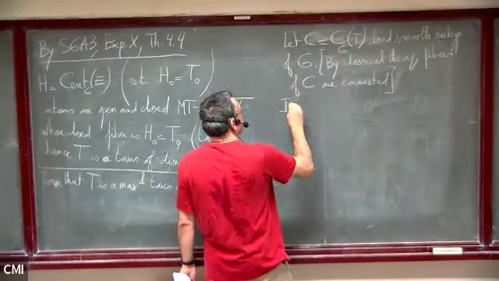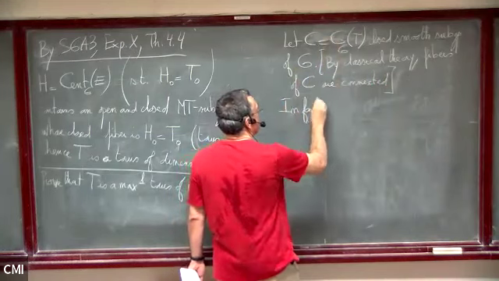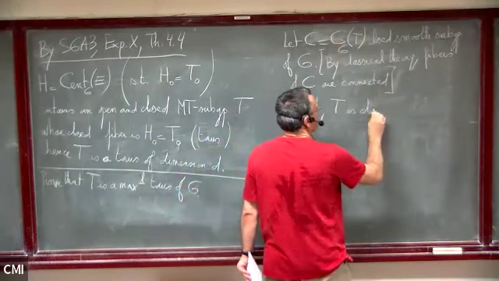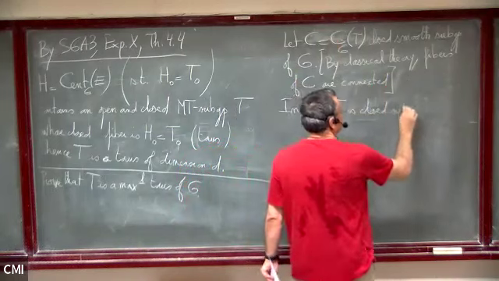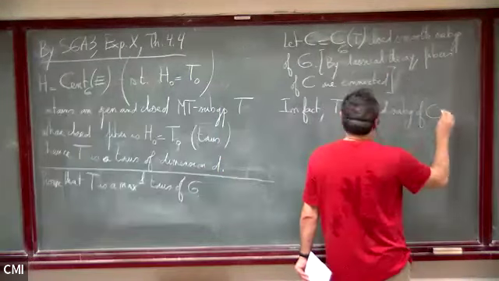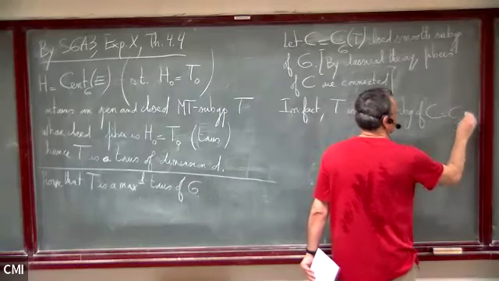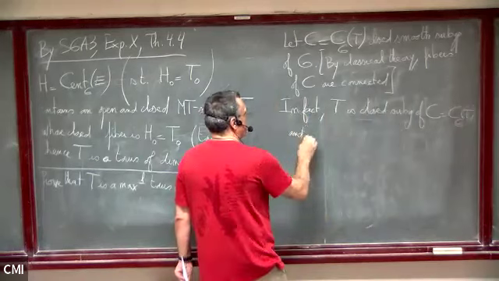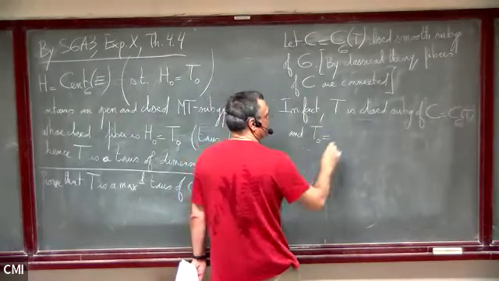So in fact, we know that T is a closed subgroup of its centralizer, and they have the same closed fiber.